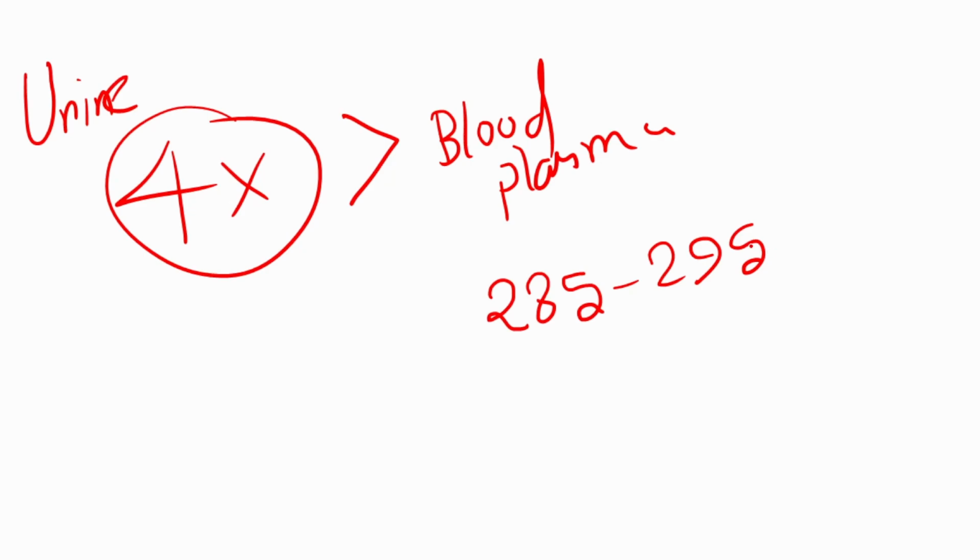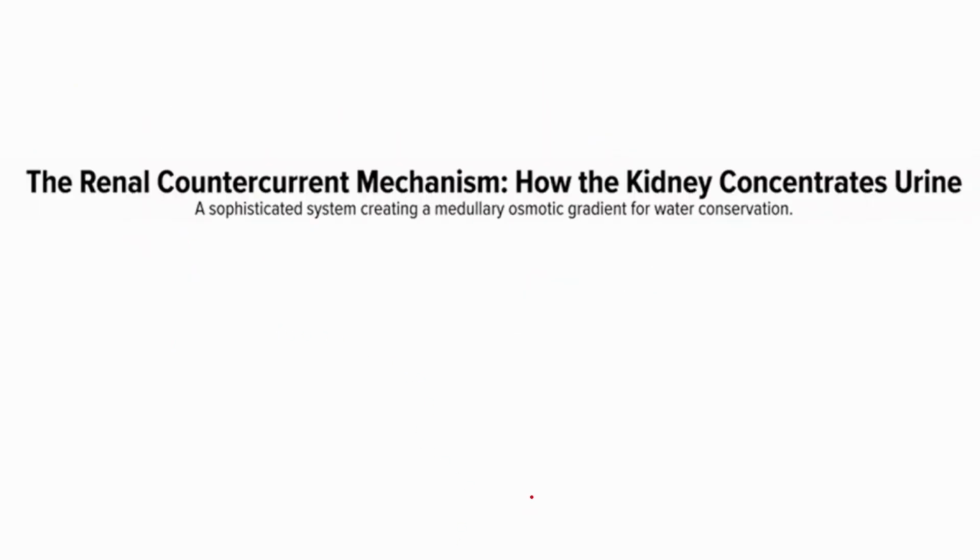The maximum urine osmolarity the human kidney can achieve is about 1200 milliosmoles per kilogram. That is a 4-fold concentration, and it is made possible by a mechanism called the countercurrent mechanism, and it happens in the loop of Henle.